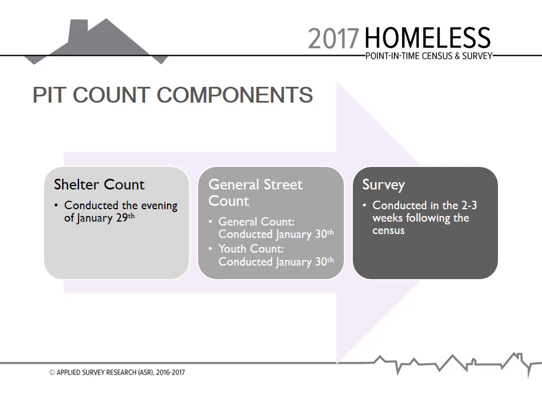So that's conducted in the 2 to 3 weeks following the day of the count. And that is when we send out surveys into the field and we collect information of a representative sample of the homeless population, and we ask them questions to get a little bit more information about the experiences that they have faced in the county.